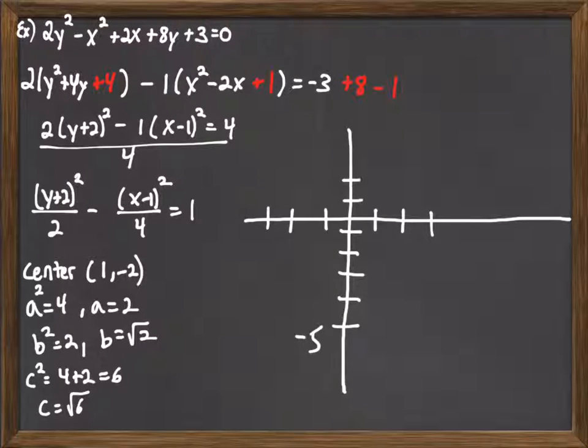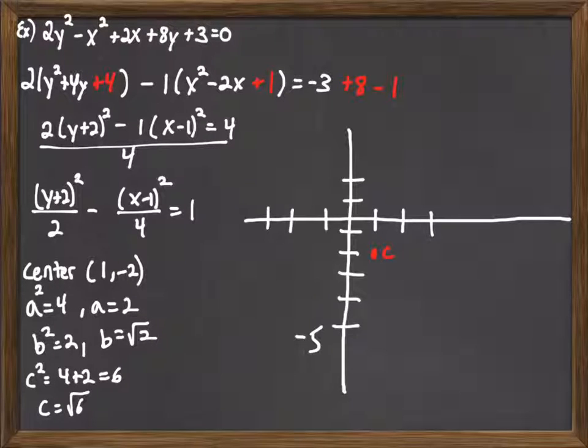So to graph it, we begin by drawing our axes, and then I plot my center at 1, negative 2. So there he is, my center. And because it's vertical, both foci and vertices are going to be above and below the center. Since they're above and below the center, the x coordinate on those will be the same as the center.